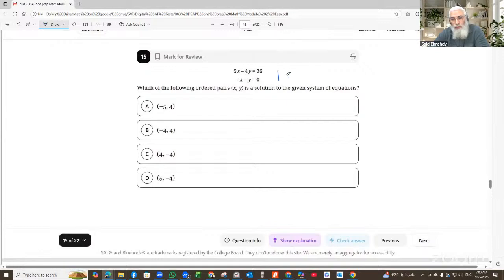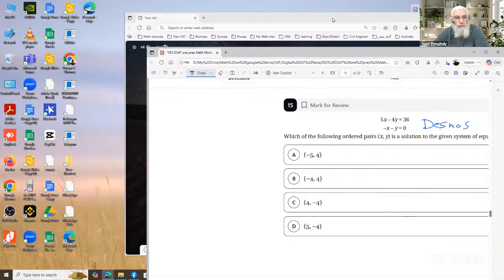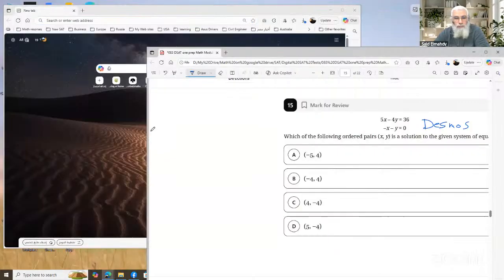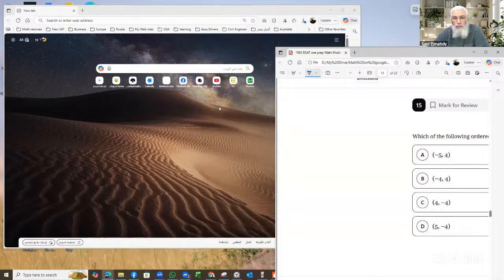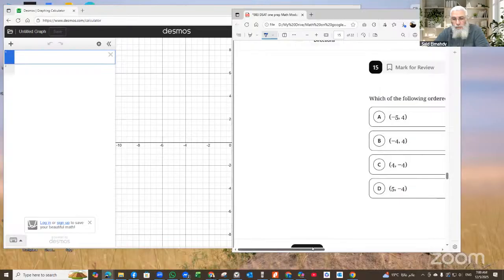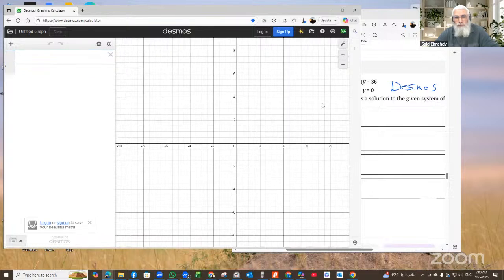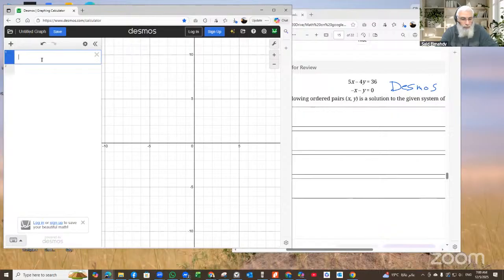We can use Desmos for this. So we have 5x minus 4y equals 36.